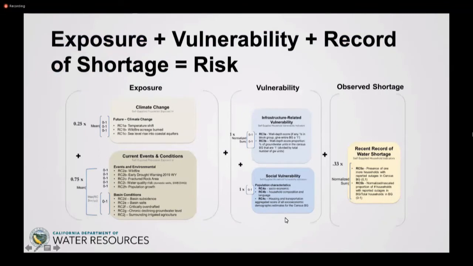Okay, and then this one, I know it's hard to see if you don't have a large screen, and we have public documents about this, but each of these risk factors was normalized to a 0 to 1 scale. And here I wanted to show that we have all of them, because we combined everything together, the exposure, vulnerability, and then we have a shortage indicator, but exposure was one piece of our risk score in the end.